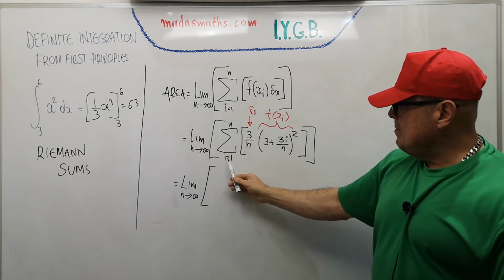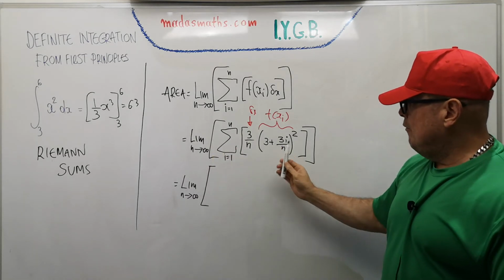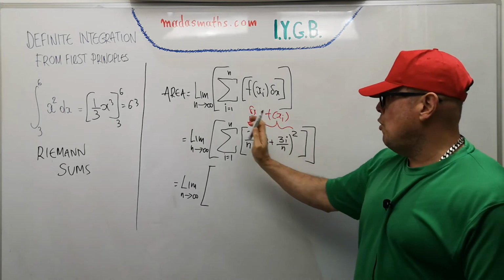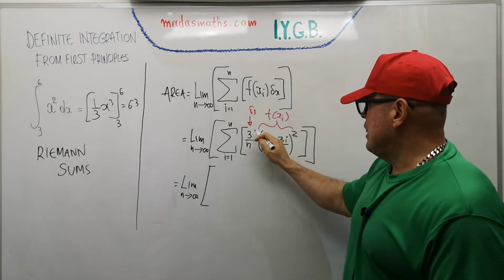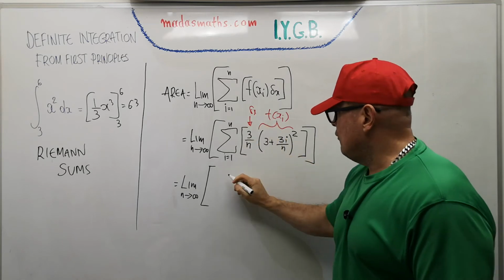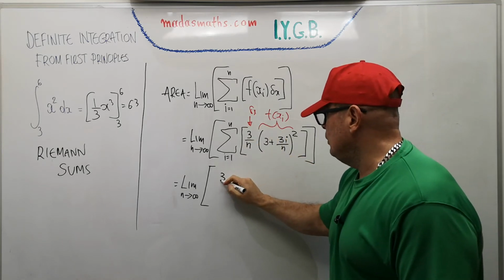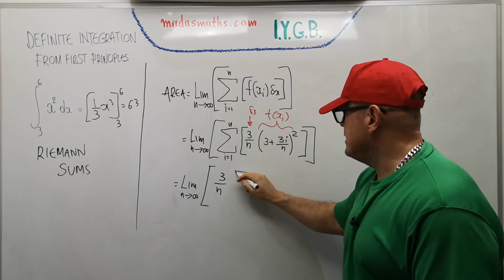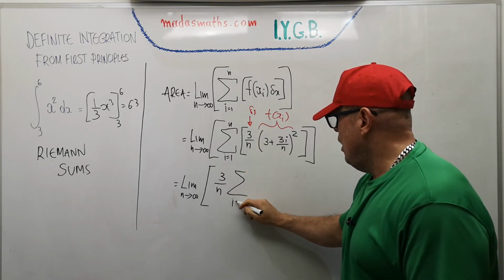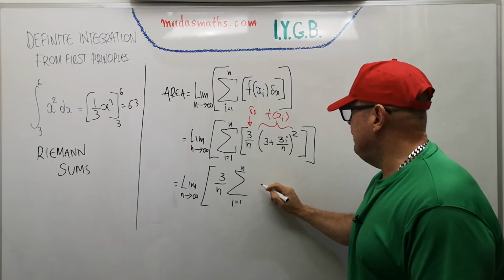And the sigma's dummy variable is i, and therefore anything that has i cannot go outside the sigma. So the 3 over n can go outside the sigma operator. Let's put it outside first of all. That's the 3 over n, and that will leave us inside sigma, i equal to 1 to n.